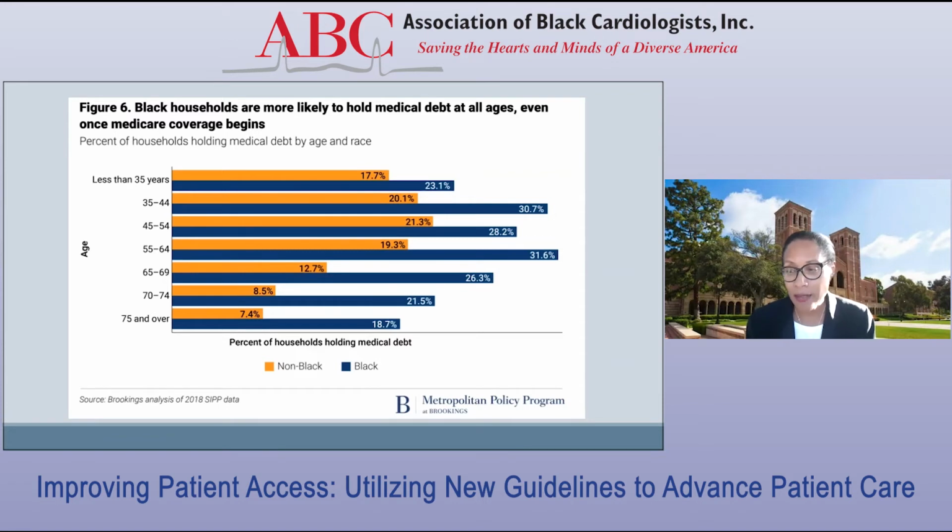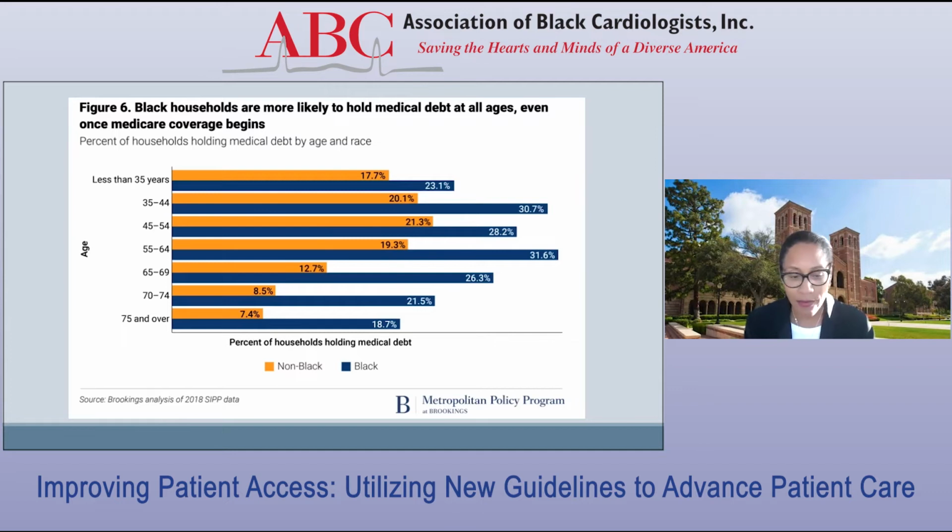But if you look at different households, there's different likelihood of going into medical debt. And at every single age group, Black households are more likely to hold medical debt than other majority non-Black households. So for our youngest, even for our oldest in the Medicaid, in the Medicare ages, they're more likely to hold medical debt in Black households.